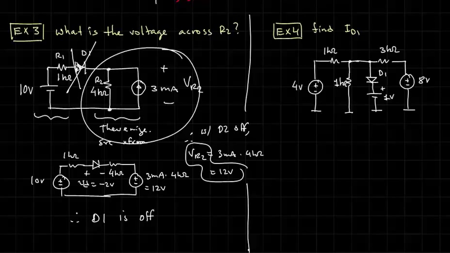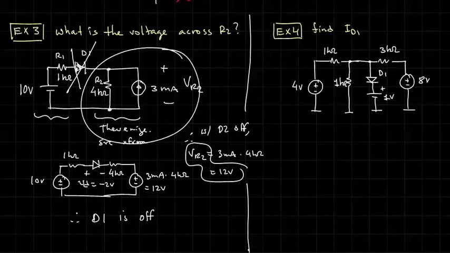Source transformation, Thevenize, Nortonize, whatever is necessary to try to get the circuit into a single loop or a single node pair. Those would be the two that you'd hope to arrive at.